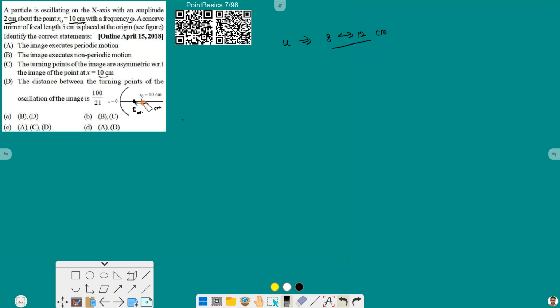While u is changing, v will also change, and when u changes its direction, v will also change its direction. So we can say that the oscillation of the image will be periodic in nature.